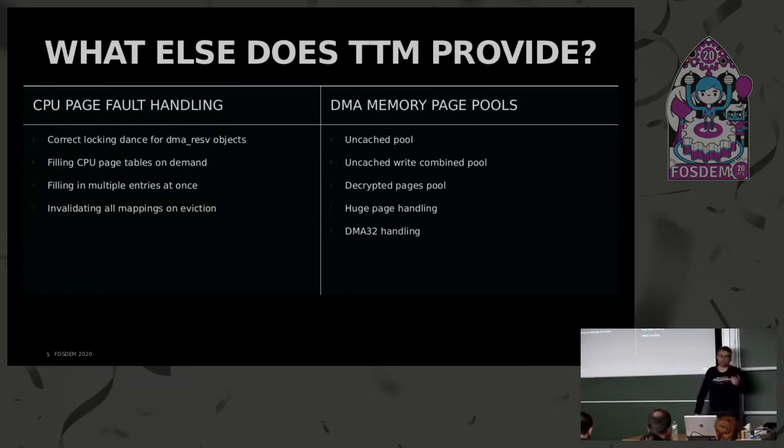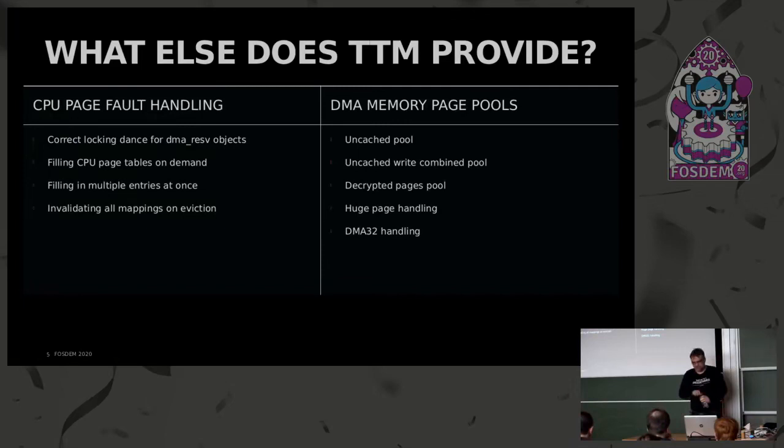If, for example, the CPU tries to access this memory by writing or reading from it, we end up in a page fault handler. This page fault handler can then identify which buffer object is meant to be accessed by the CPU and wait for the move of that buffer object to finish. That's what the CPU page fault handling is doing here.